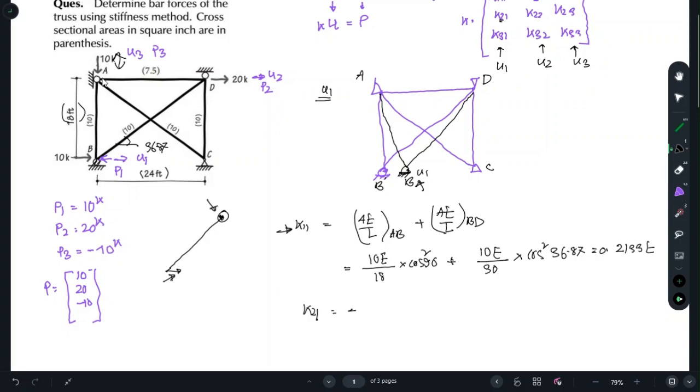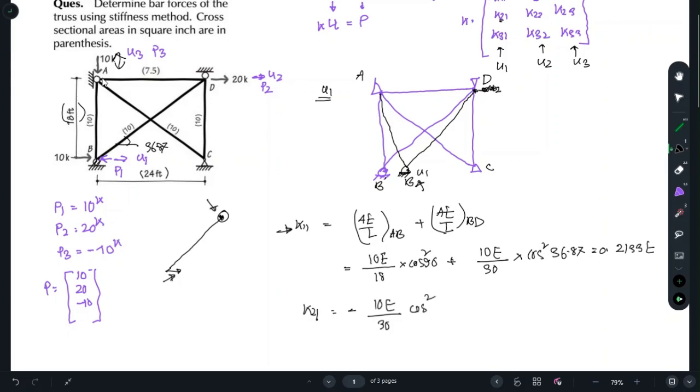Then for D point, where U2 will happen actually, but right now U2 is restrained. So for D point, you will find K21, and at D point the responsible frame that has undergone displacement is BD. So for BD, you have an area of 10, you don't know the value of E, and you have a length of 30, and the BD frame has an angle of 36.87.